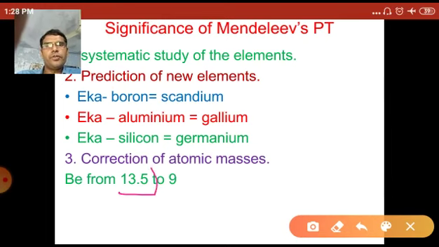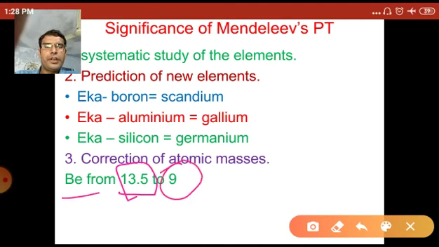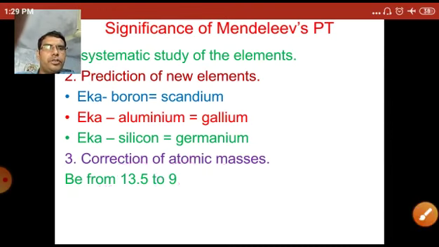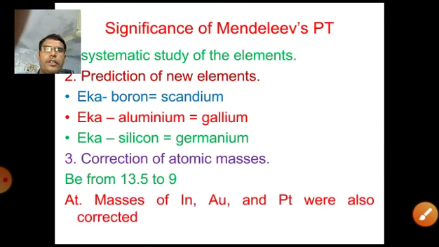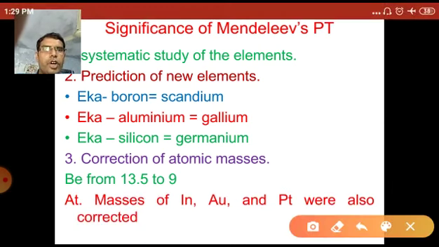Initially it was determined by the scientists, but when Mendeleev arranged the elements, he realized that the atomic mass of beryllium is 9, not 13.5, because the properties of beryllium are similar to magnesium. So he corrected the atomic mass of beryllium. Mendeleev also corrected the atomic masses of indium, gold, and platinum.